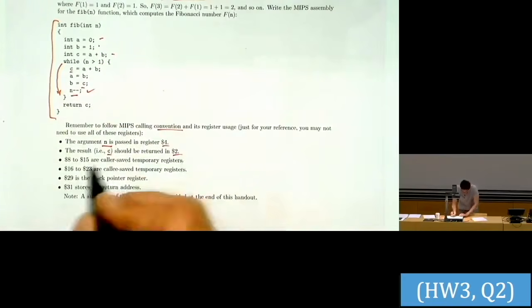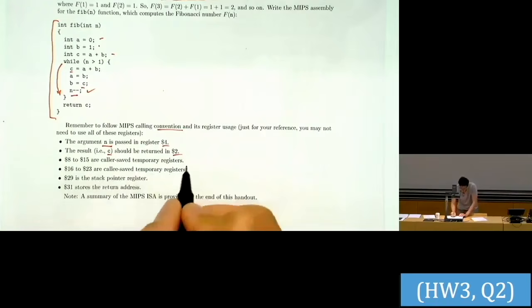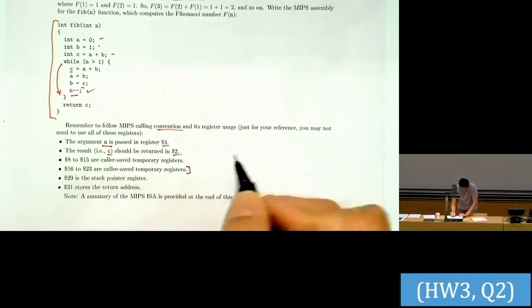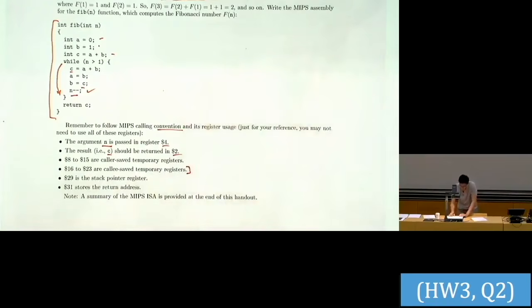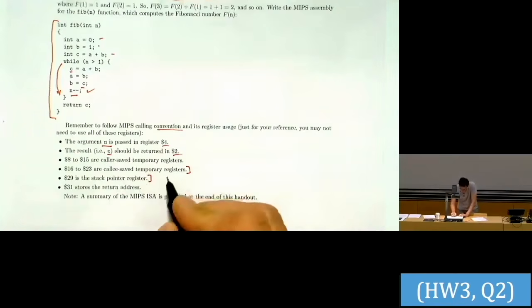Then there are also some register numbers, for example, for callee-save temporary registers. We're going to need these because, as you will see in the code, this Fibonacci computation is going to be in one function. Then we have the stack pointer. We're going to need the stack pointer, as you might remember, to save the temporary registers.